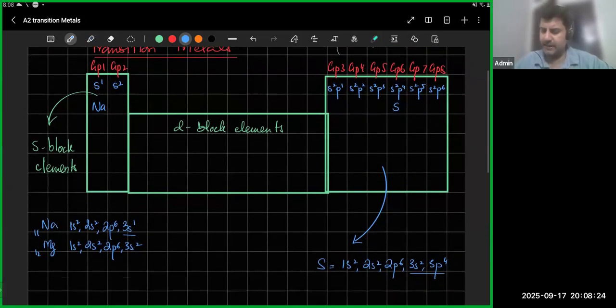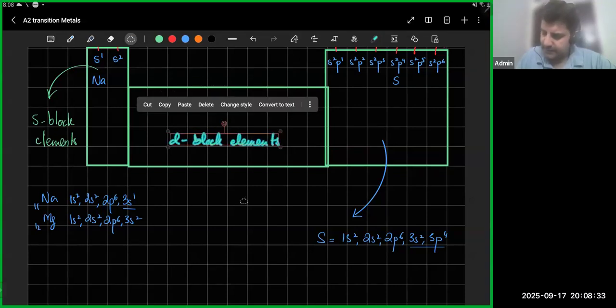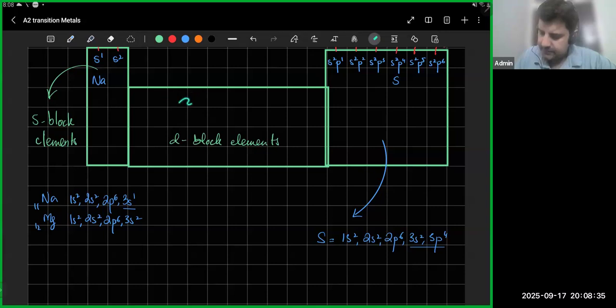And that's the same reason why these are called d block elements, because the last electron will go into a d subshell. How many are there? 1, 2, 3, 4, 5, 6, 7, 8, 9.